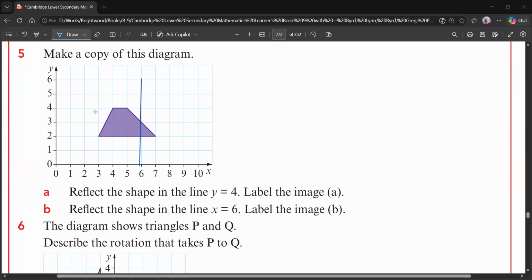Now what can you draw? According to this, starting from there, it may not be fully shaped. It doesn't matter. Reflect the shape according to x equals 6. Here it's not a full one, okay? It doesn't matter. You have to go through.